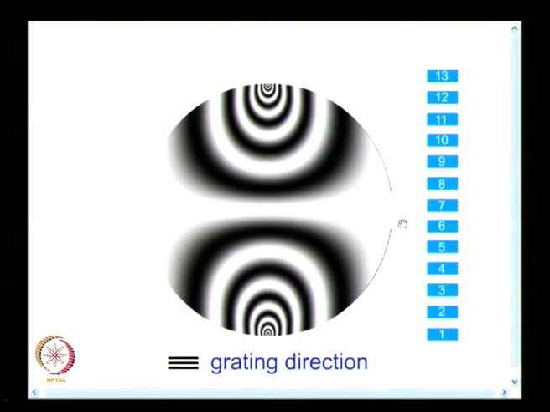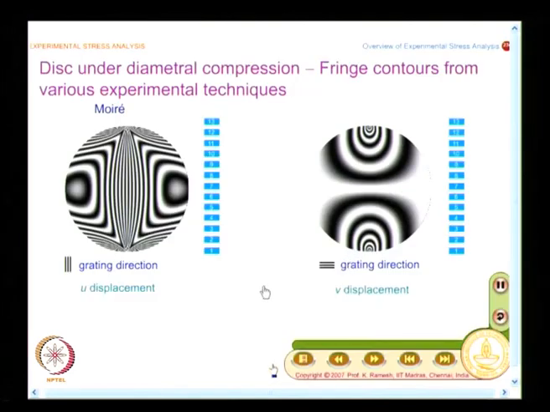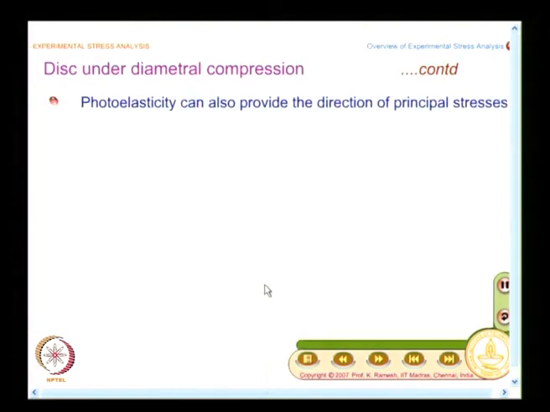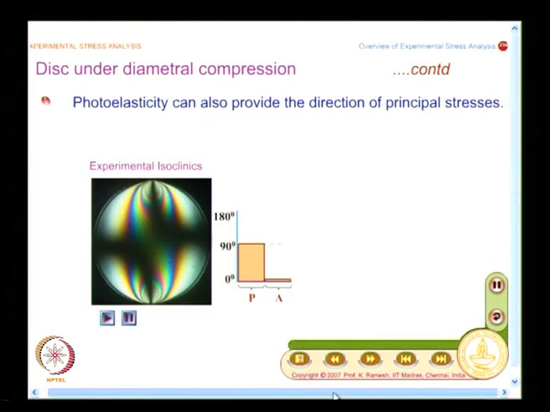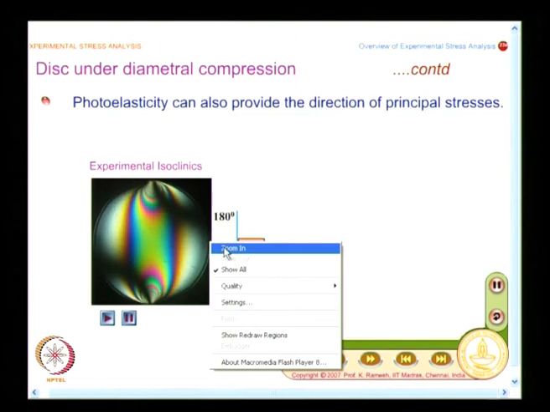And for this example, I also have another set of contours that you can get from photoelasticity. Photoelasticity can also give you the principal stress direction, and that is what you see here, and we will see this closely.